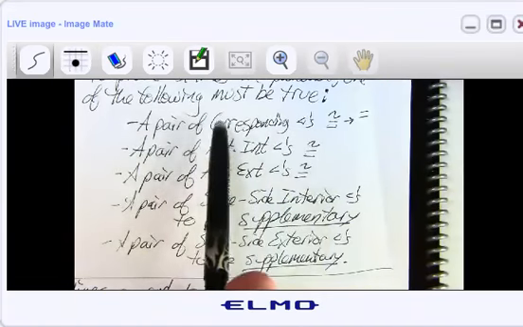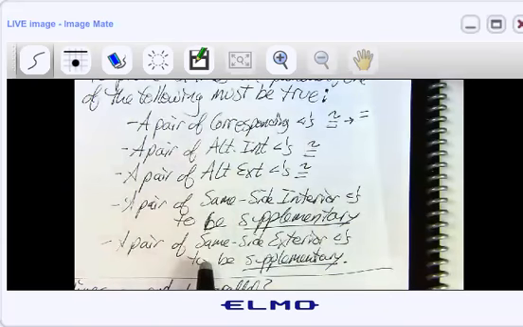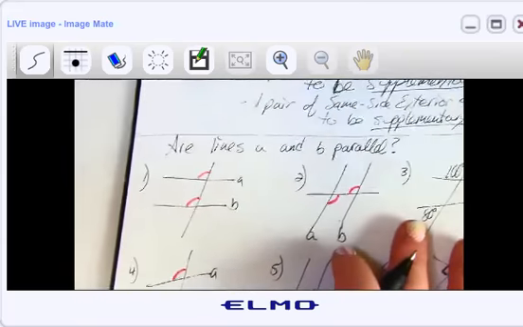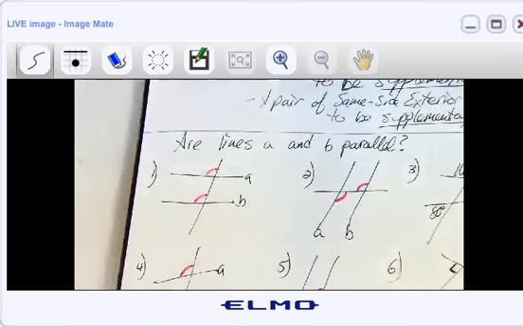Because I have one of these 5 things, that means, yes, my lines must be parallel. Does that make sense? So that's what I'm going to say for number 1. Yes, these 2 lines have to be parallel because I have a pair of corresponding angles that are congruent. So I'm going to give a big old yes on this one.